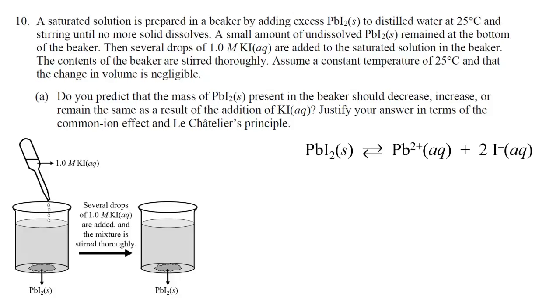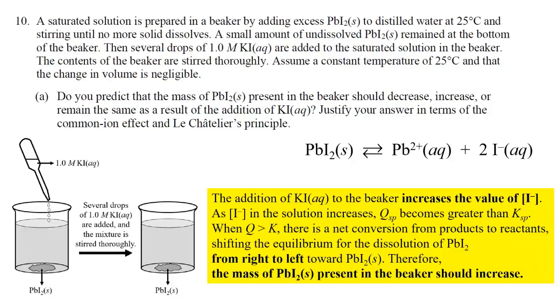So here is our equation for the dissolution of solid lead iodide, and the stress is going to be an increase in the concentration of iodide. So the addition of potassium iodide to the beaker increases the value of the concentration of the iodide ion, and as the concentration of the iodide ion in the solution increases, Q becomes greater than K. And when Q is greater than K, there is a net conversion from products to reactants, shifting the equilibrium for the dissolution of lead iodide from right to left toward the solid lead iodide.